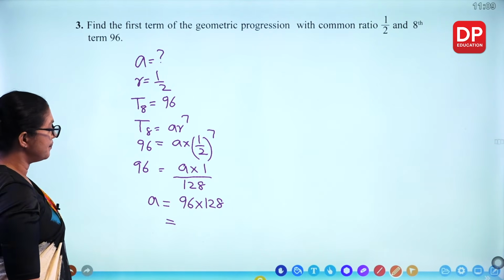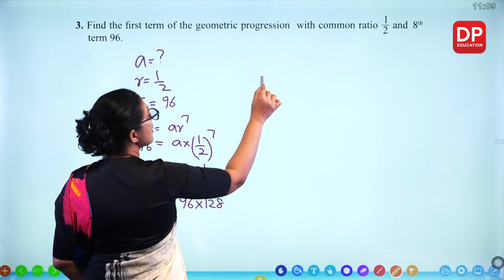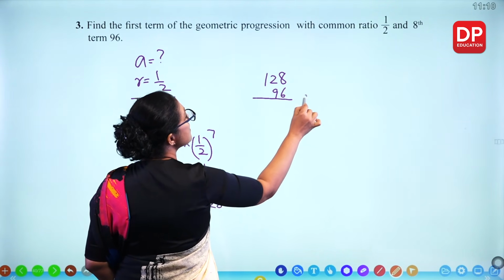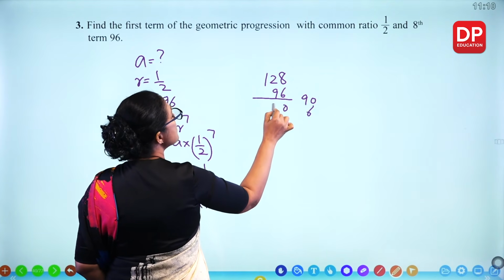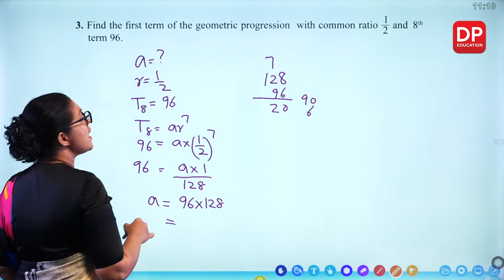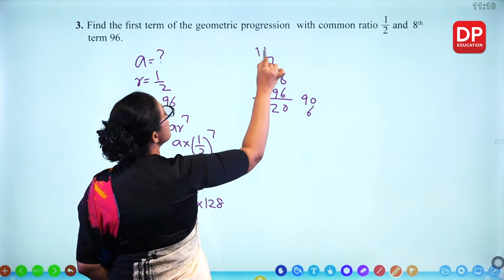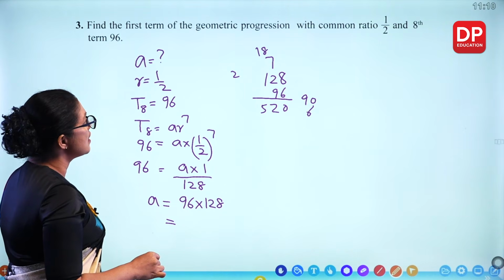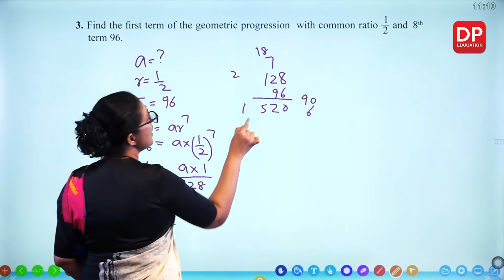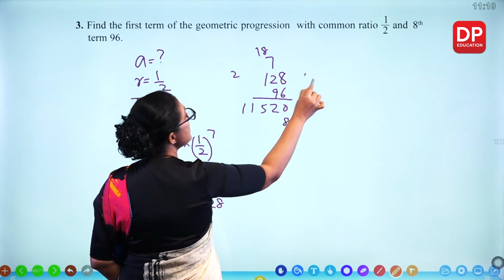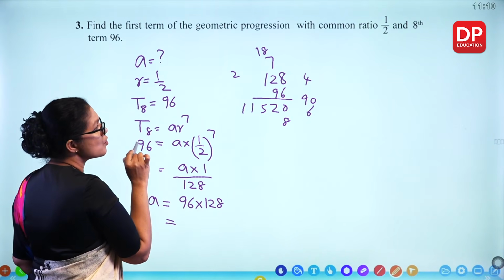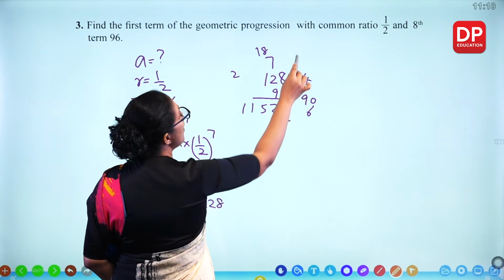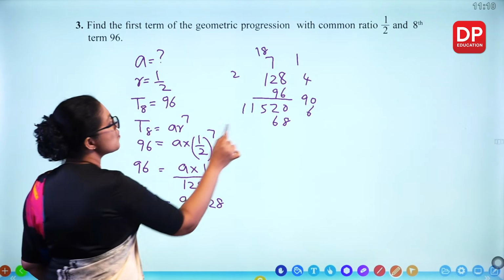Now multiply. 128 multiplied by 96. 90 and 6. 9 times 8, 72. 9 times 2, 18. 18 plus this you get 25. 2 remaining. 9 times 1, 9 plus 2, 11. 6 times 8, 48. 6 times 2, 12 plus 4, 16. 1 remaining. 6 times 1, 6 plus 1, 7.